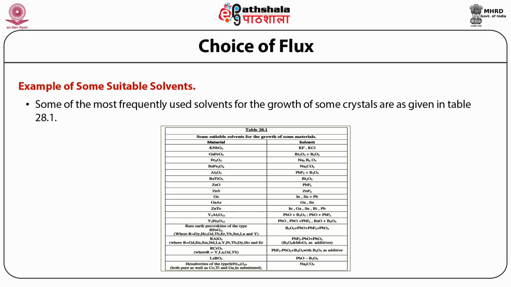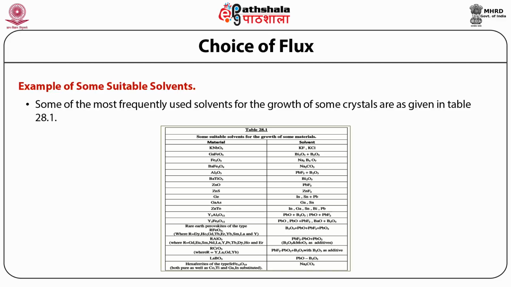For material Fe2O3, the solvent used is Na2B4O7. For the material BaFe2O4, Na2CO3 is used as a solvent. For material Al2O3, the solvent used is PbF2 plus B2O3.